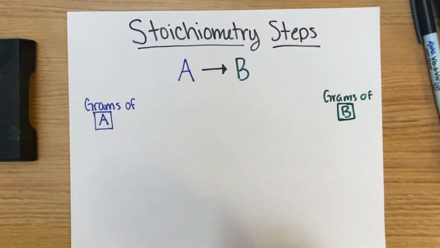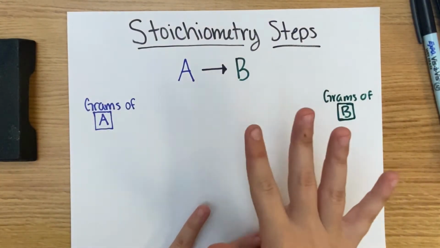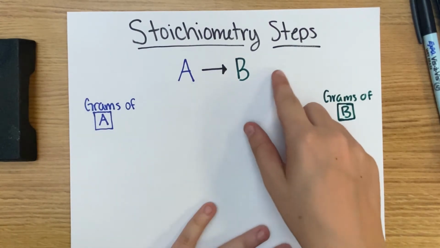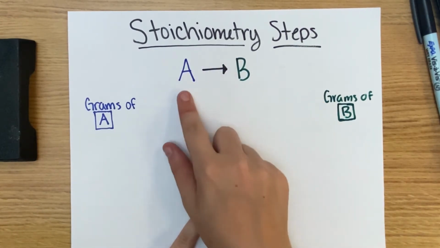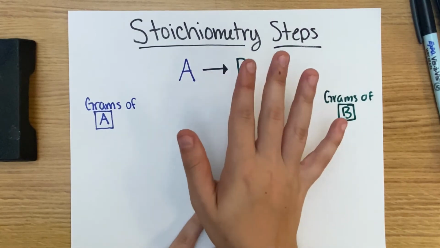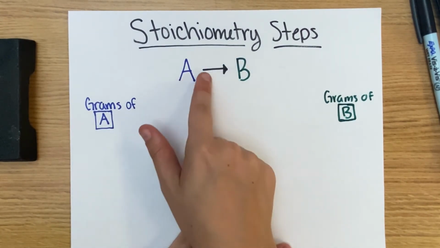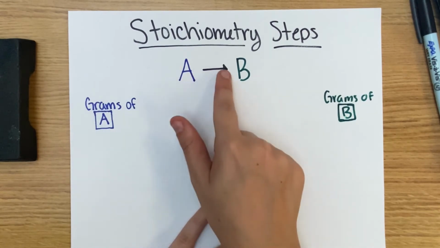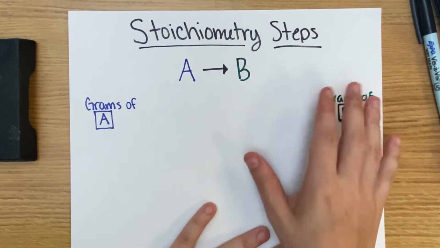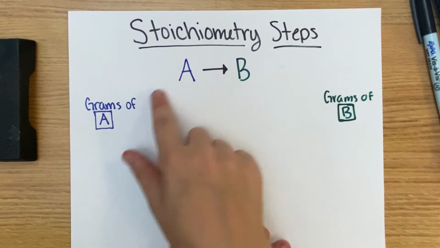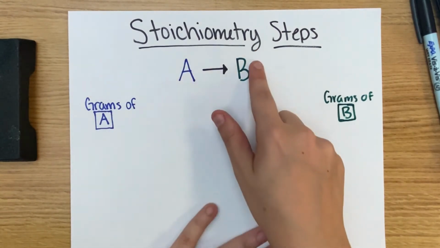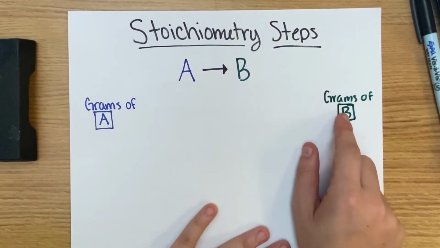So when we're doing stoichiometry, there's a lot of steps, unfortunately. But let's say that our chemical reaction looks something like this. This is very generic. But the goal of stoichiometry would be to get from grams of A to grams of B. That's what we're trying to find out. How many grams of this would make a certain number of grams of that?